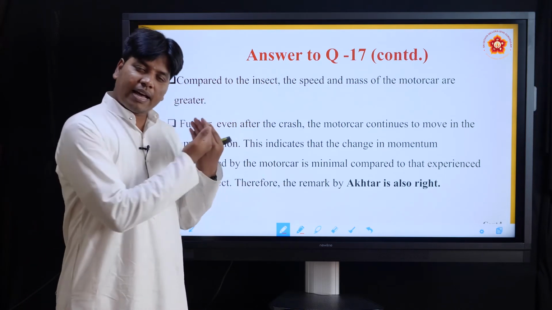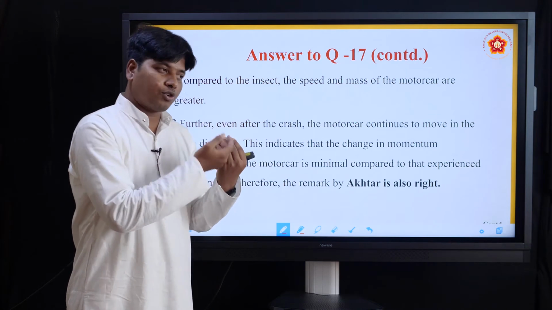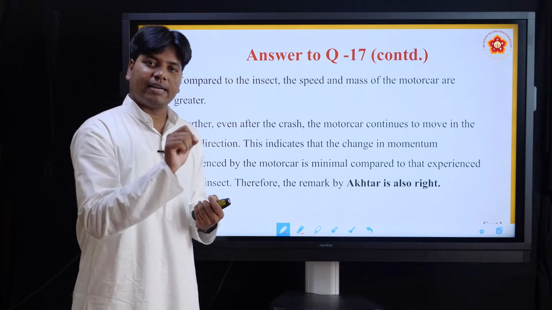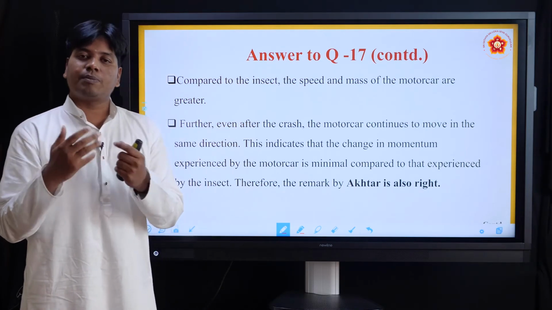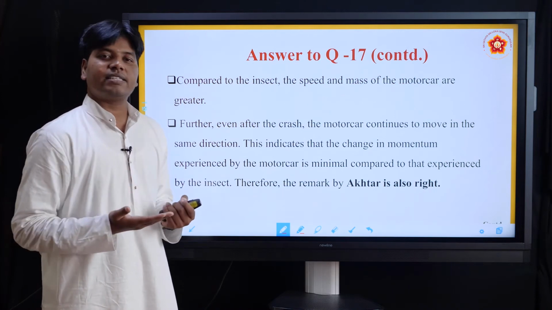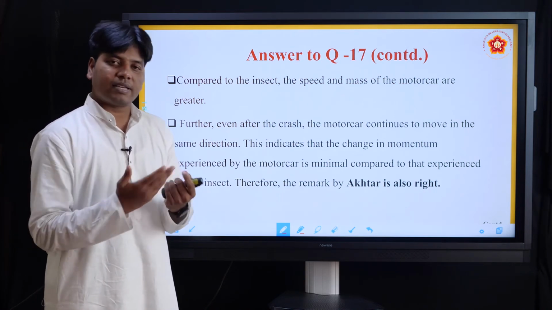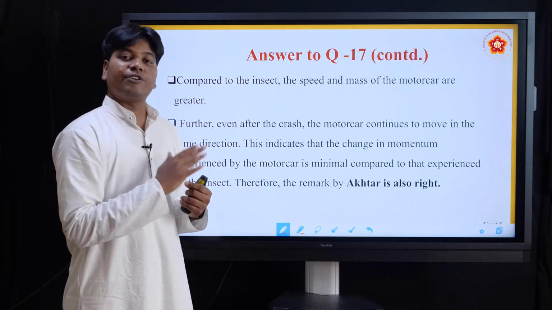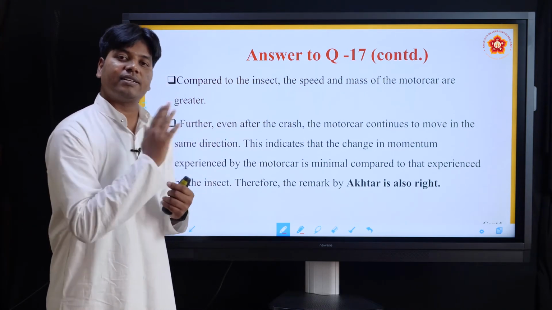As we discussed in the last observation which Kiran made, we deduced that the momentum change of the motor car is very minimal, as it is hardly changing its direction or stopping or anything. It is just moving, and the insect got stuck in it and is reversing its direction. The insect is reversing its direction.